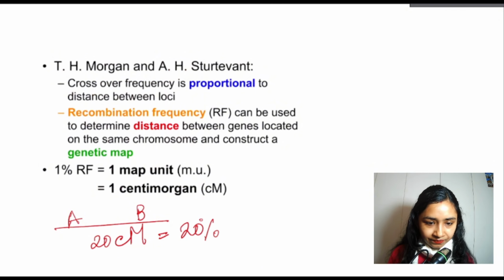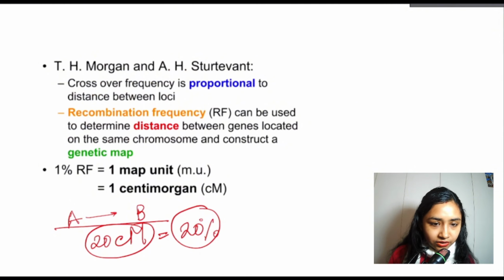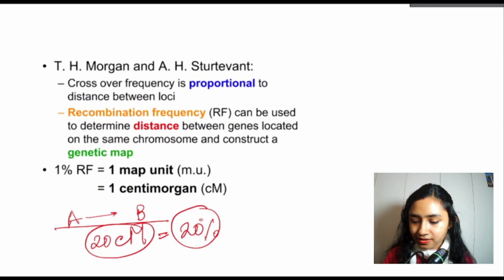Or vice versa. If I say that the recombination frequency between gene A and B is 20%, then their distance is 20 centimorgan. So recombination frequency, RF, is equal to distance.